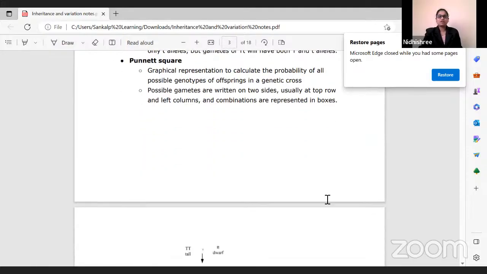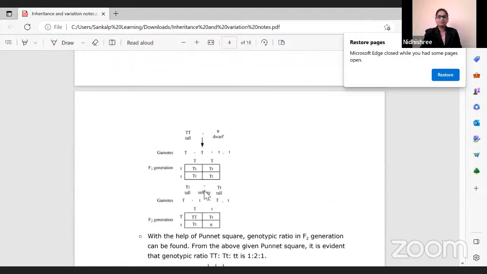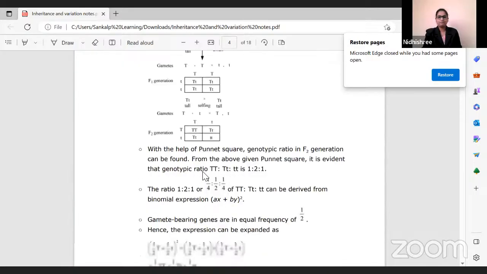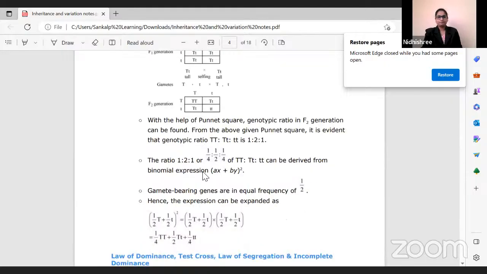In it, possible gametes are written on 2 sides, usually at the top row and the left column. This is a Punnett square, guys. We learned this in 10th standard. Here the monohybrid cross genotypic ratio is 1:2:1, and similarly the phenotypic ratio is 3:1.